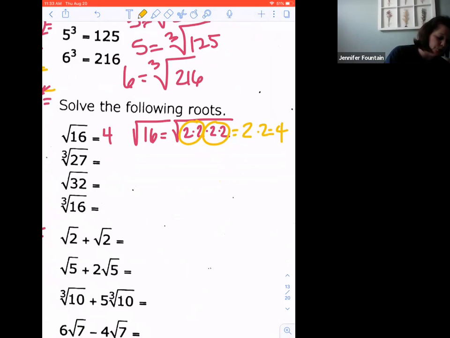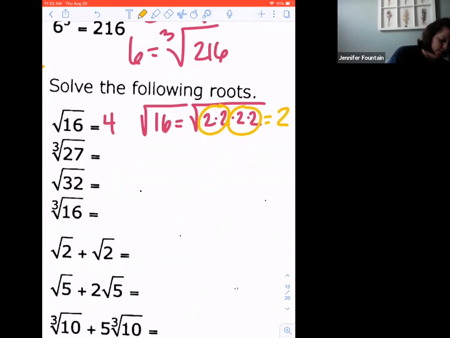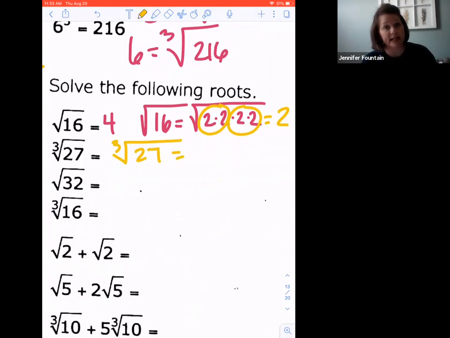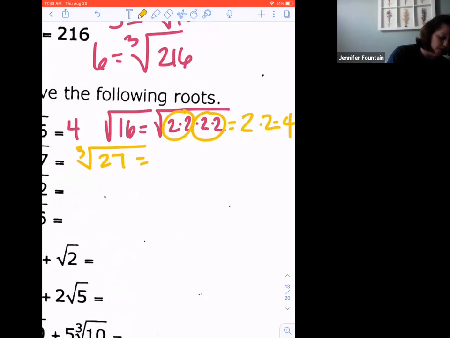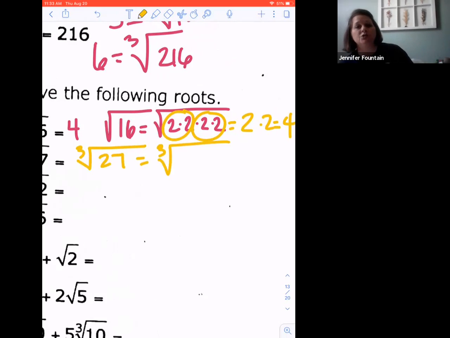All right, the cubed root of 27. If I know the cubed root of 27, I could answer this immediately. Does anybody know the cubed root of 27? 9? No. Okay, let's take a look at it. Let's break it down. 27 is not even, so I know that I cannot start with 2.